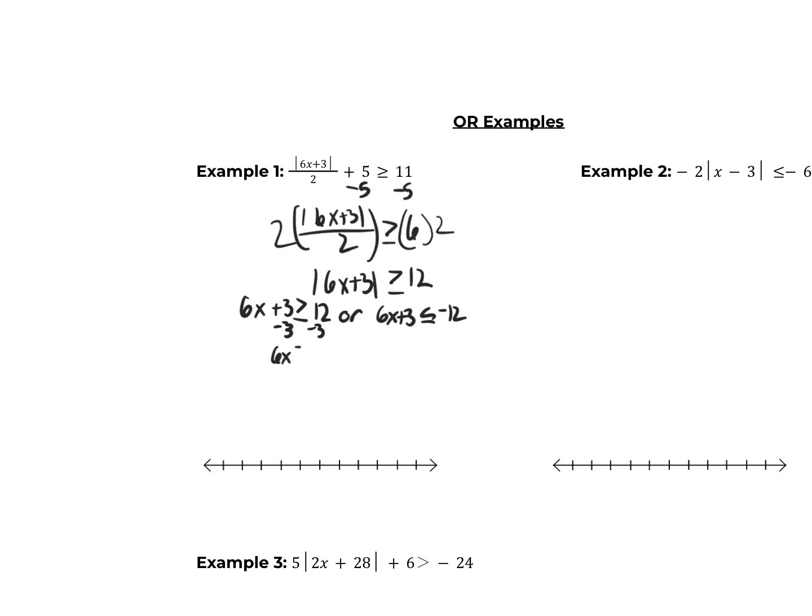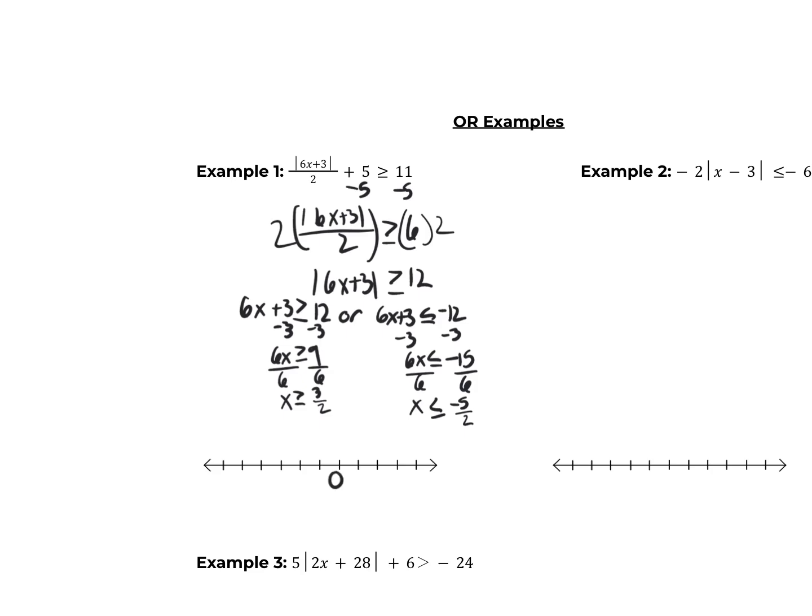Get 6x is greater than or equal to 9. Divide both sides by 6, and we get x is greater than or equal to 3 halves. And on this side, we're going to subtract 3 from both sides. Get 6x less than or equal to negative 15. Then we divide that by 6. And I get x is less than or equal to negative 5 halves.